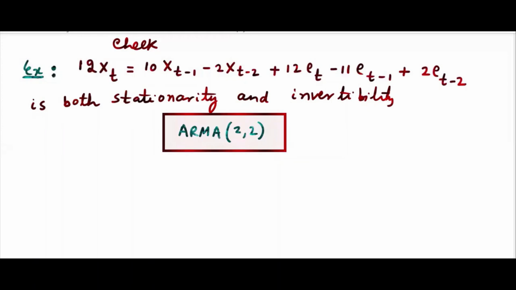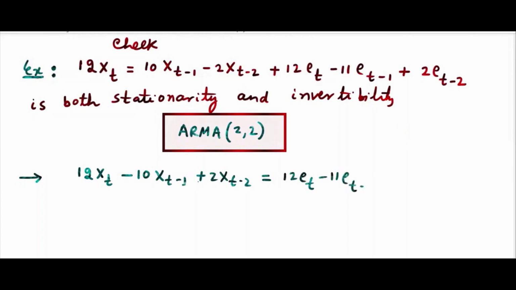Okay. So before anything, let me write this way, 12xt. Let me bring all to this side, 10xt minus 1 plus 2xt minus 2. This side you have to bring, and you keep all others this side. And I'll write 12et minus 11et minus 1 plus 2et minus 2. Then you need to write in terms of b.